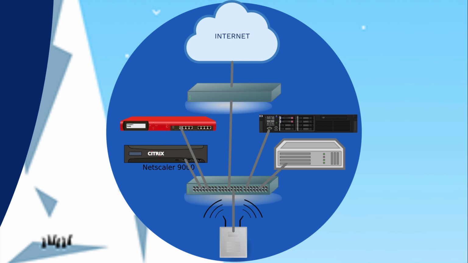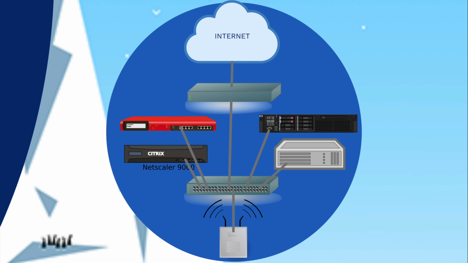Third, traditional networks lack end-to-end visibility. So here's an example. We got a bunch of different devices, right? We got this Wi-Fi access point connecting into a switch that has a bunch of different devices connected to it, a server, a Citrix NetScaler, a firewall, a storage array, and a router.